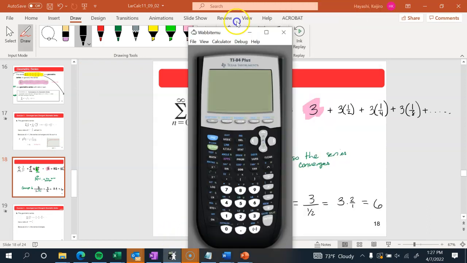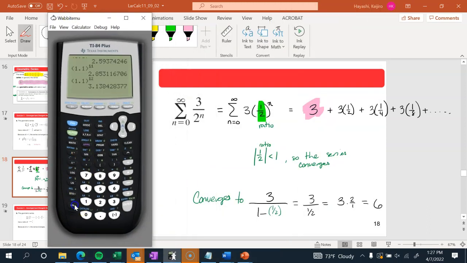And you can sort of see that behavior here. If you start with 3, add 3 halves, add 3/4, add 3/8 to that, add 3/16 to that, then you add 3/64, I guess, and 3/128.